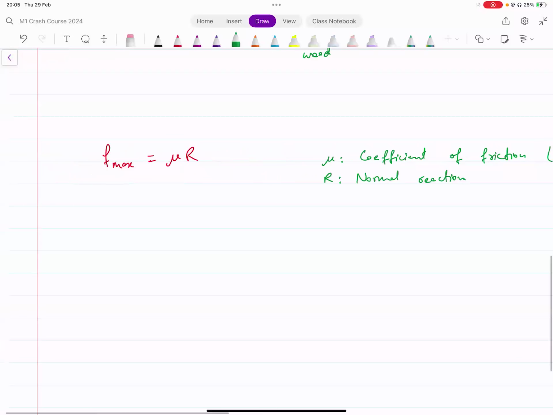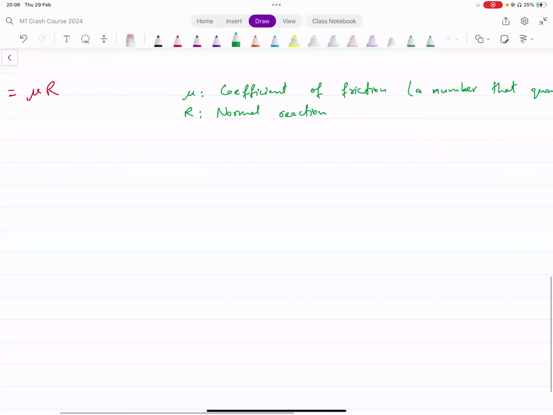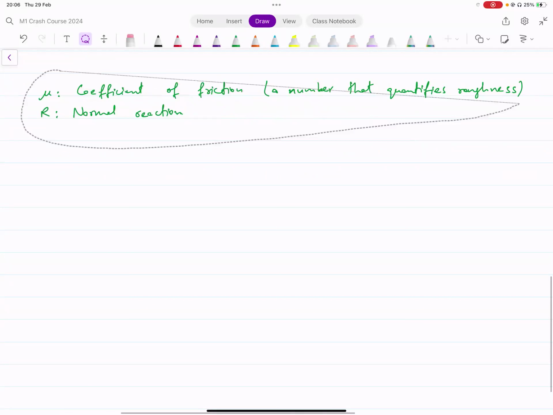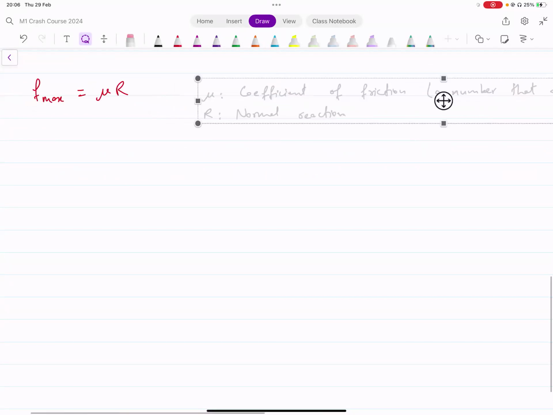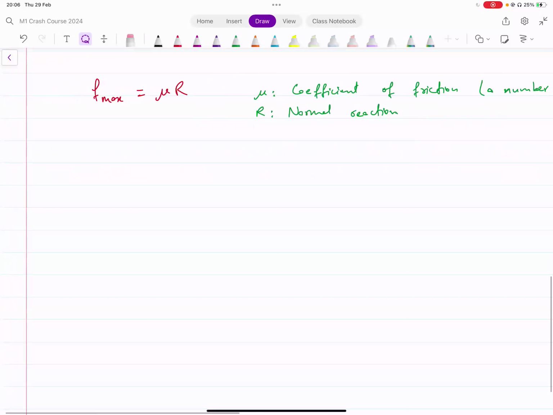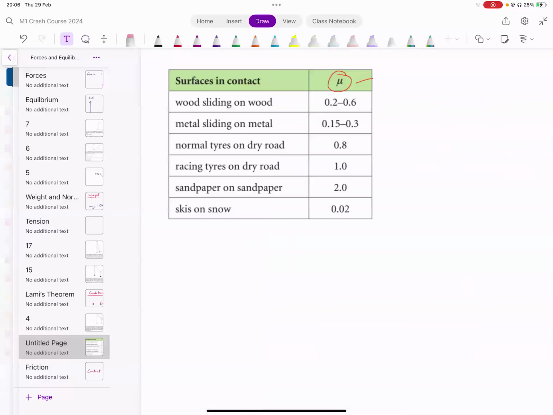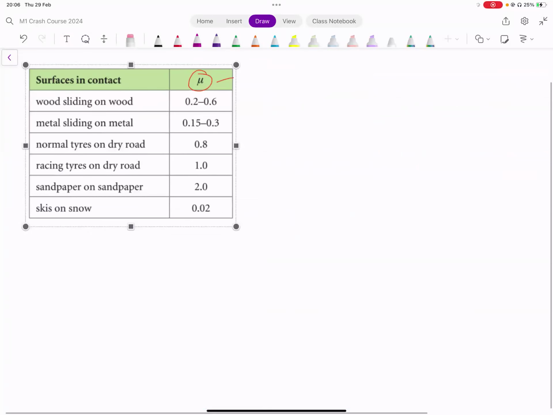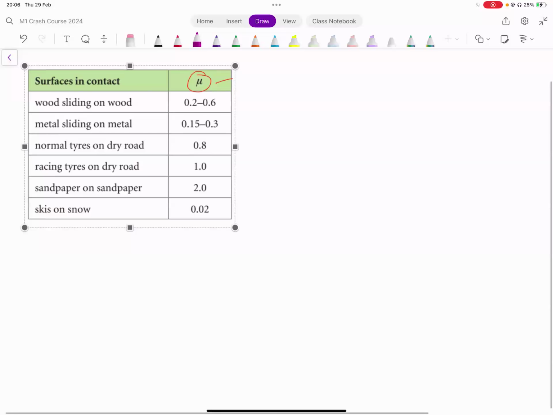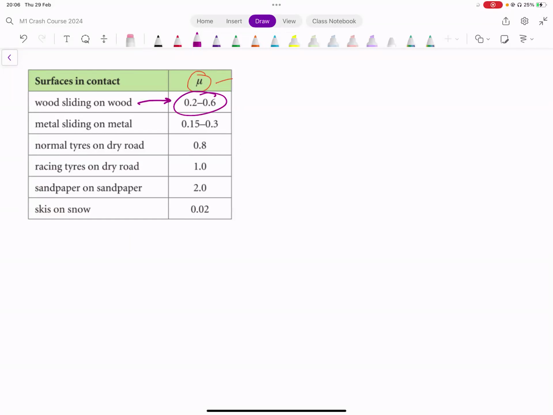Okay, now generally speaking, the values of mu are actually between 0 to 3 or 4. So these are small values. If it's close to 0, the surface is less rough. If it's away from 0, the surface is more rough. So this is what I took from a book. These are some common values of friction for different kinds of surfaces. If you have, for instance, wood sliding on wood, mu is generally between 0.2 and 0.6.